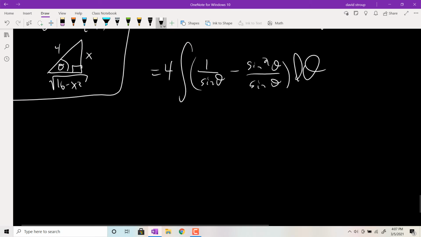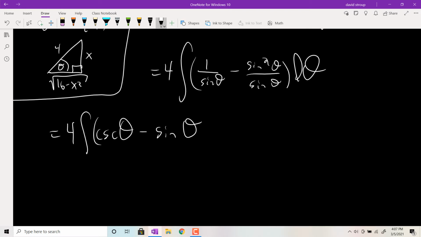Then this integral will turn into 4 integral cosecant theta minus sine theta d theta, and here's an issue right here. I wouldn't expect you to have the antiderivative of cosecant memorized because it's so annoying.